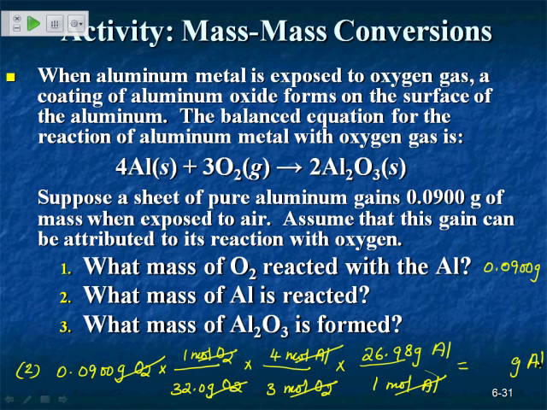What mass of aluminum reacted? 0.101. So we answer this one, 0.101 grams of aluminum. That's right.